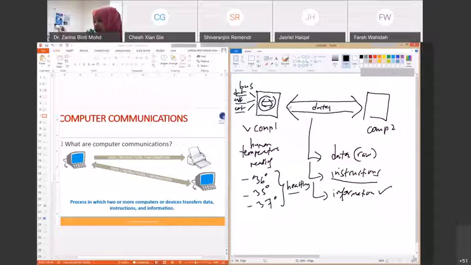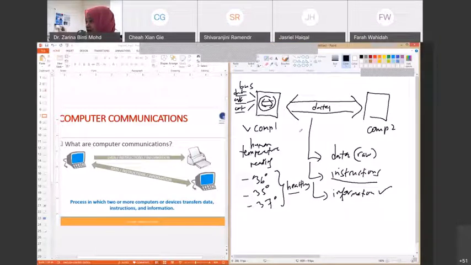But when data is transferred or communicated to other computers, these are the three types of data that are transmitted. I hope you can get some idea based on this explanation.